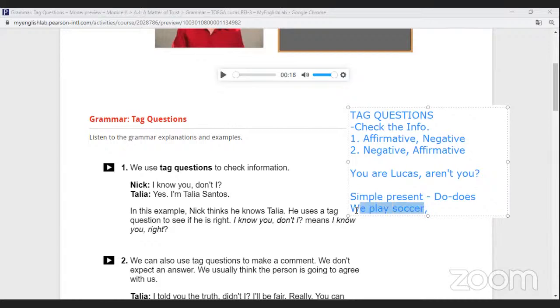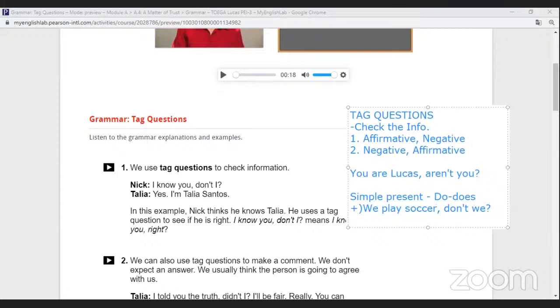So, it means that it is simple present, so we're gonna put, we work with do. So we will put don't, negative, right? And the same subject, we. This is an affirmative sentence.